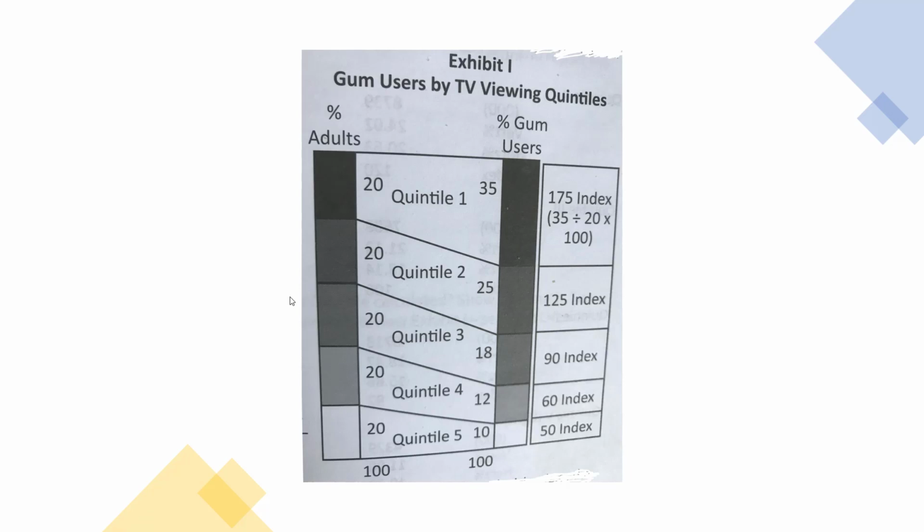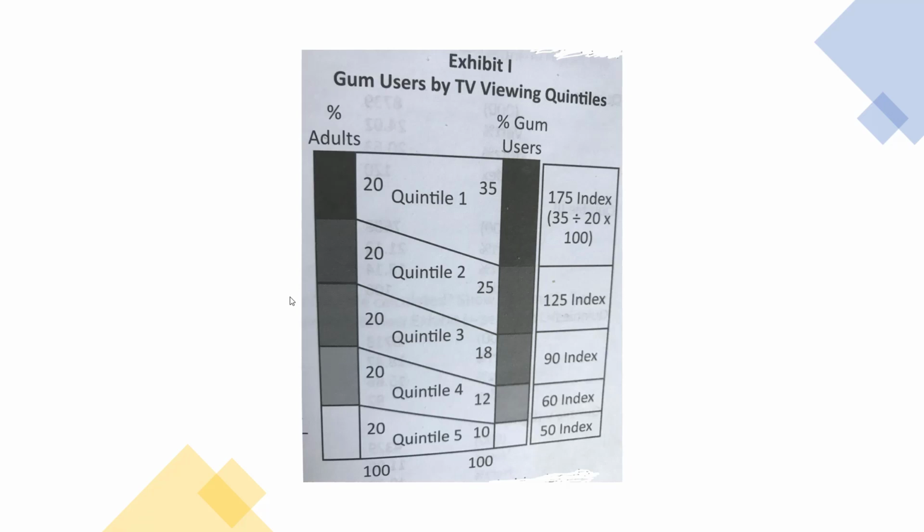And what exactly is a quantile? You may have heard about quartiles, which are 25%, and a quintile is 20%. In other words, you divide the viewers, in this case, into five equal segments, 20% each segment, or each quantile.